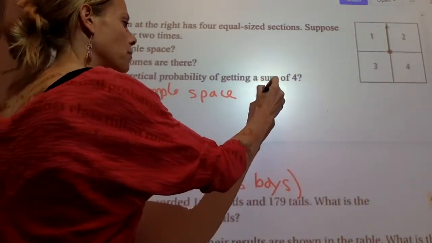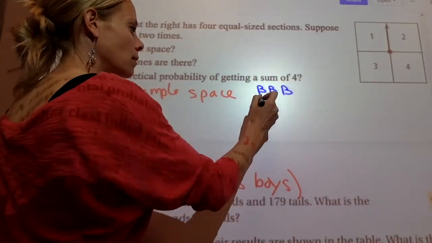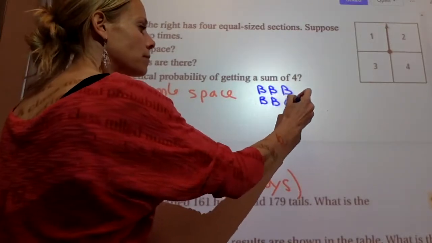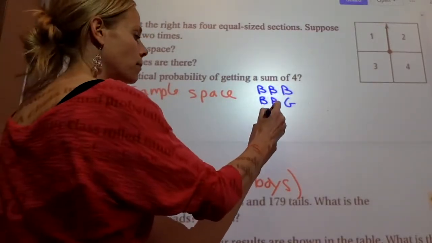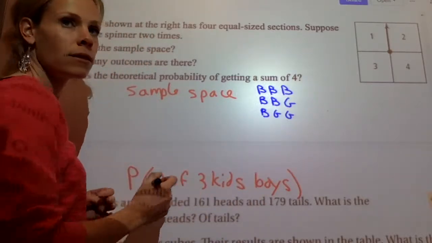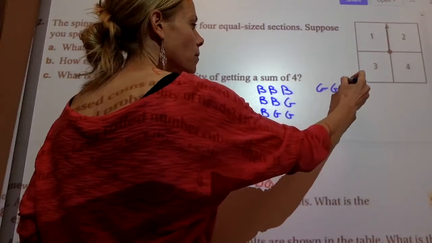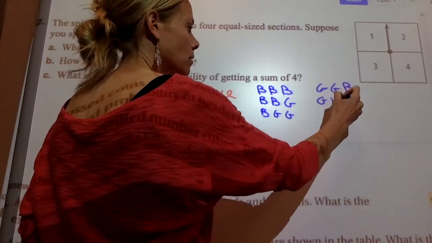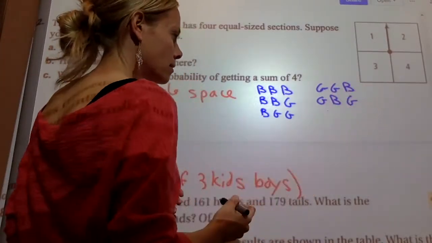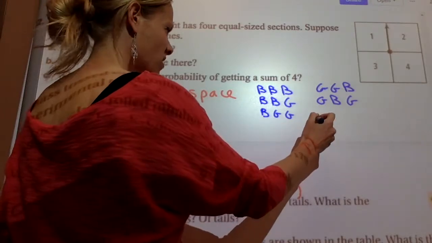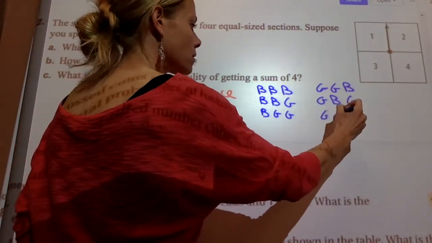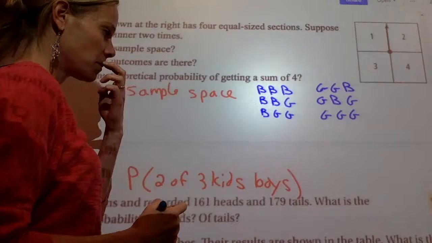You can have 3 boys. You can have 2 boys and a girl. You can have a boy and 2 girls. You can have 2 girls and then a boy. A girl, a boy, and a girl. What else? All girls, good.